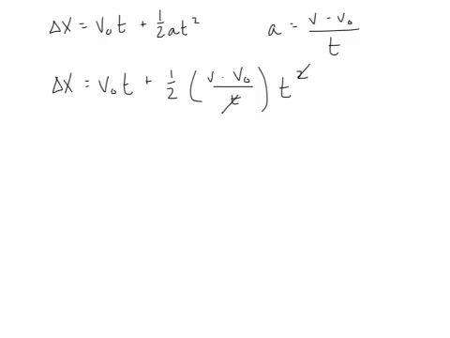If I distribute things in there, I'm going to get delta x equals v naught t plus vt over 2 minus v naught t over 2.